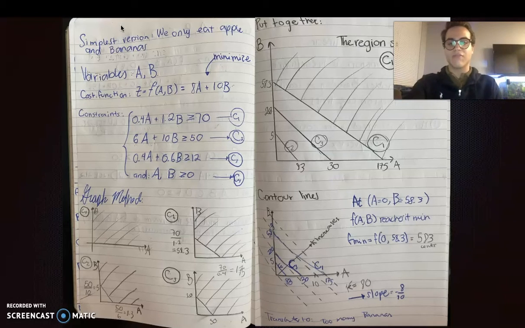In our graph methods, let's see the first one, which is C4. It covers the whole area, because X just has to be greater than 0, and it starts from 0 and expands onward. Now we go to C1, and we see that there's this linear constraint stated on point B, which is 58.3, and on point A, 175.